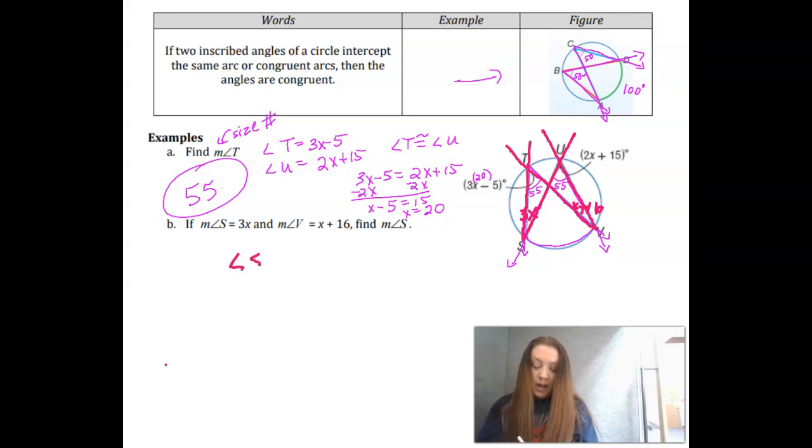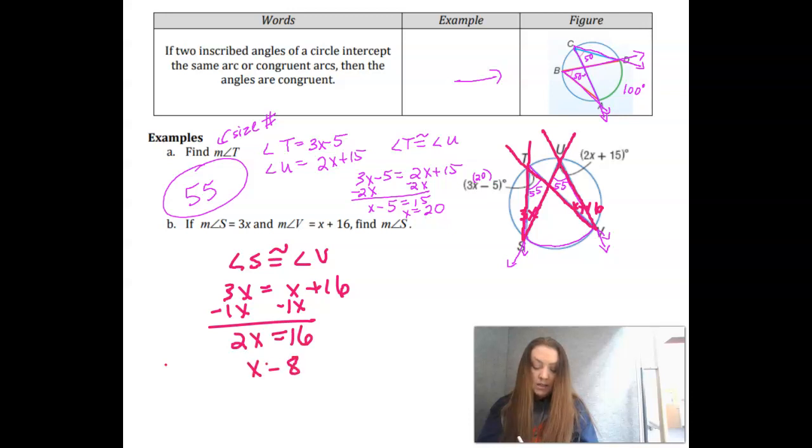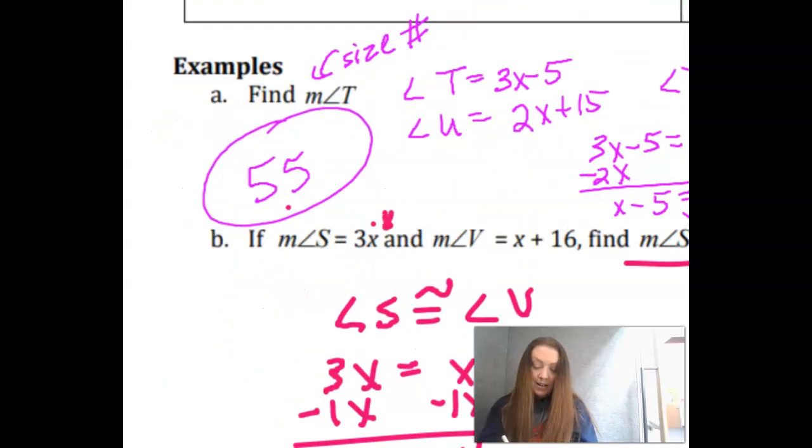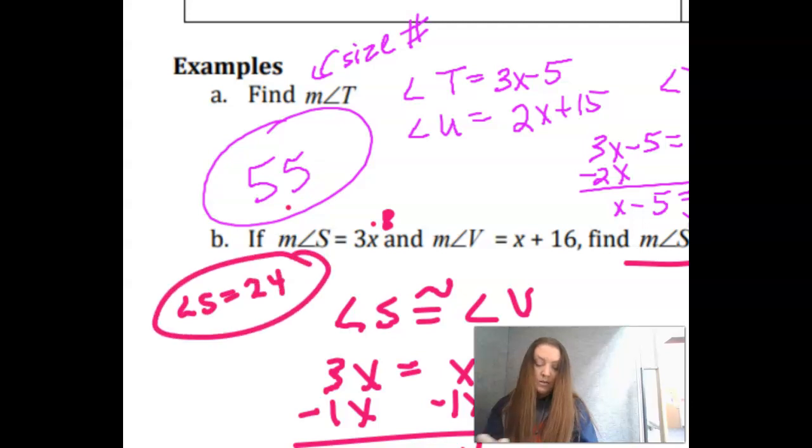So we know that angle S is congruent to angle V. So 3x equals x plus 16. If I subtract x, we get 2x equals 16, divide by 2, and so x equals 8. We want to know angle S, so if x is 8, 3 times 8 is 24, so angle S equals 24 degrees.